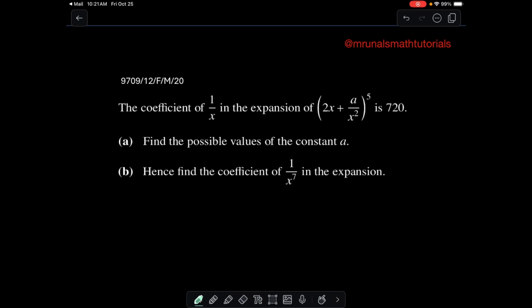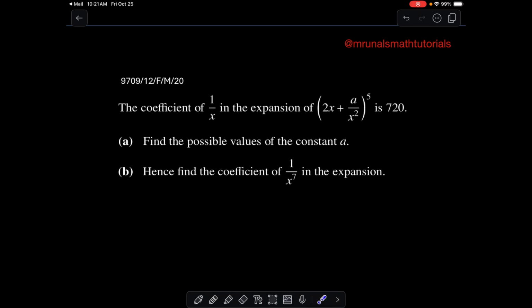So the first question over here is the coefficient of 1 over x in the expansion of (2x + a over x squared) to the power of 5 is 720. Find the possible values of the constant a.